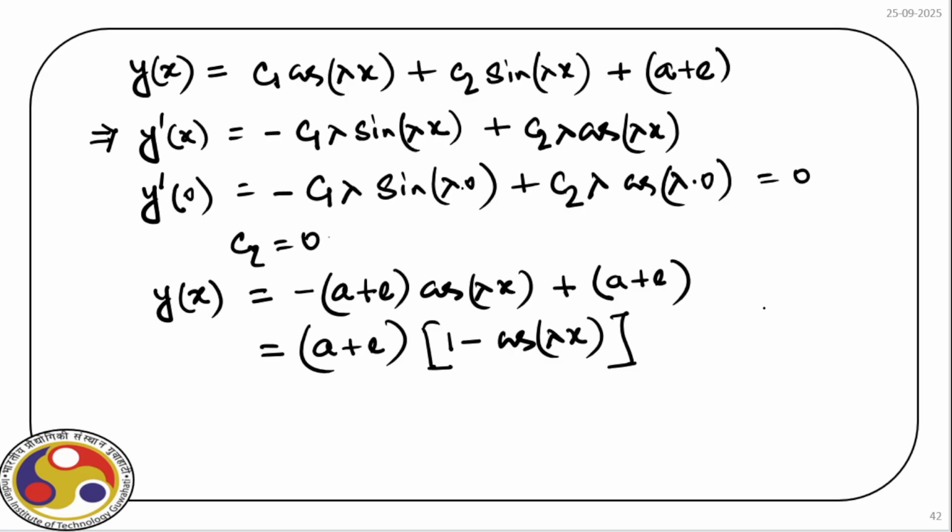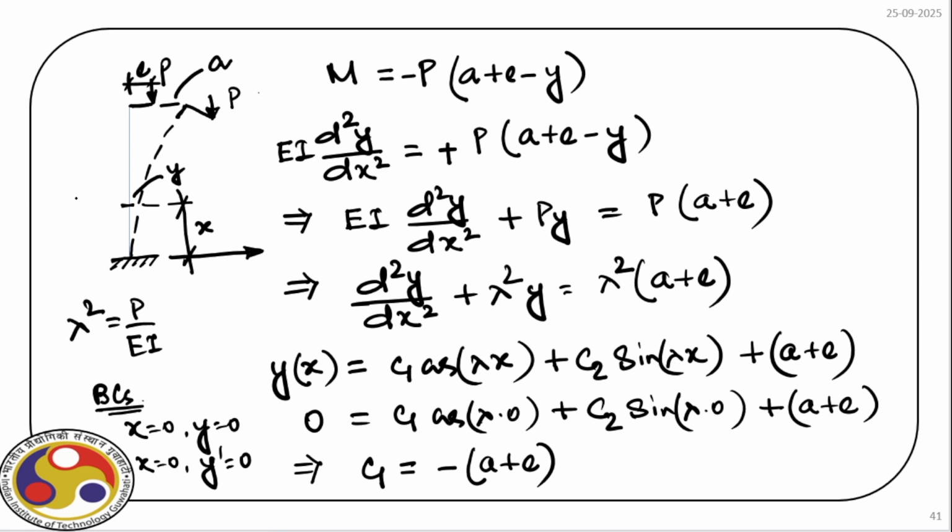Now, what is lambda? Lambda is equal to square root of P by EI, and we have one more condition to satisfy. At x equal to L, the length of the column is L and flexural rigidity is EI.